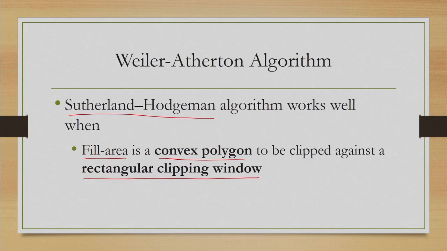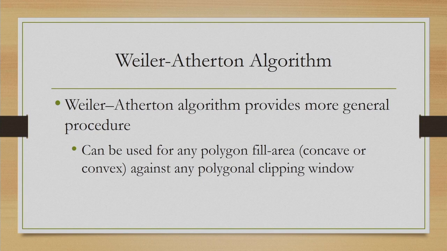If these conditions are satisfied, then Sutherland-Hodgeman works well. However, that need not be the case always, and the Weiler-Atherton algorithm provides a more general solution. This algorithm can be used for any polygon, either concave or convex, against any polygonal clipping window, not only a rectangle. Let us see how it works.